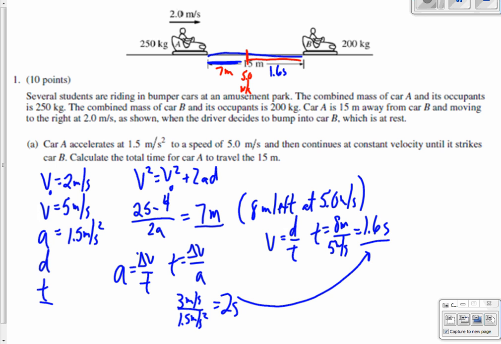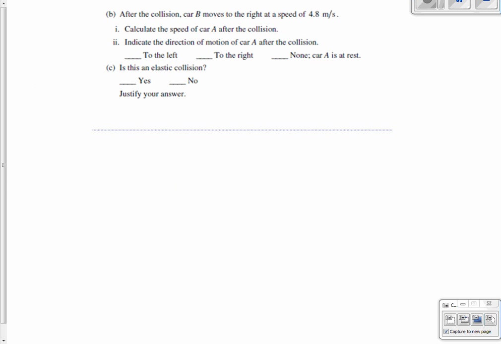So I put those together, and I get a total time of 3.6 seconds. So there's about a month, I guess, maybe a few weeks of kinematics there. It would be great if you could even draw maybe what the velocity-time graph would look like for that motion. All right, moving into the collision part.